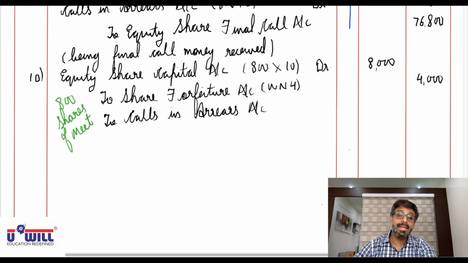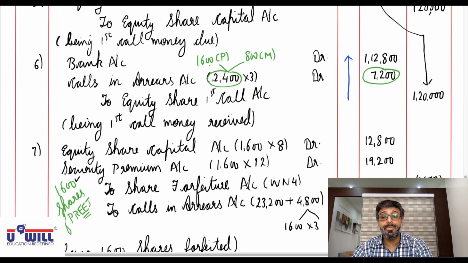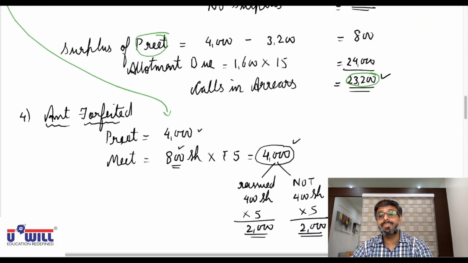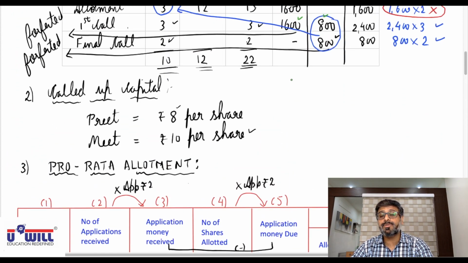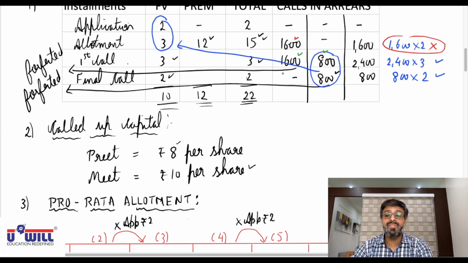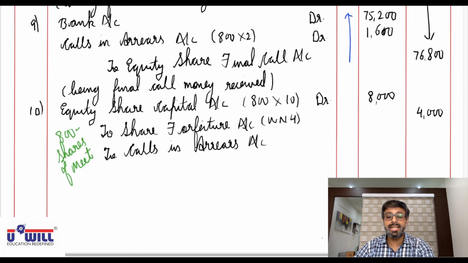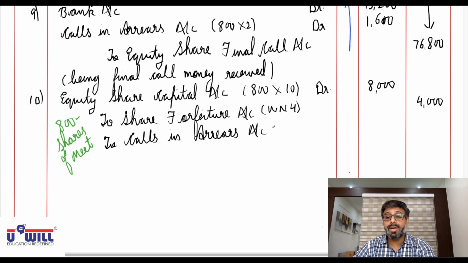Now calls in arrears, be careful, we have to take only of 800 shares. As I told you, Meet's 800 shares are also included in this calls in arrears. So what are Meet's calls in arrears? In first call 800 into 3, final call 800 into 2. So calls in arrears of Meet, 800 into 3, 2400.